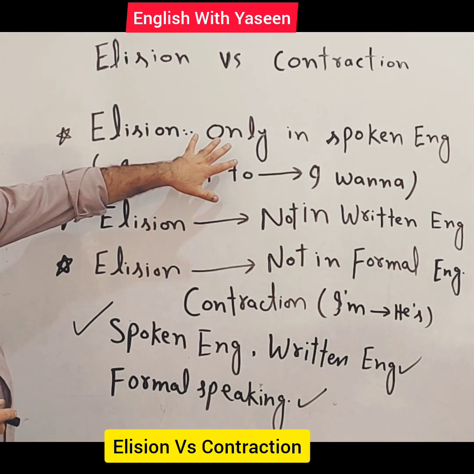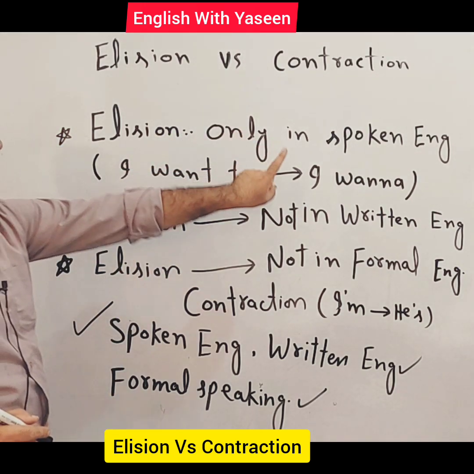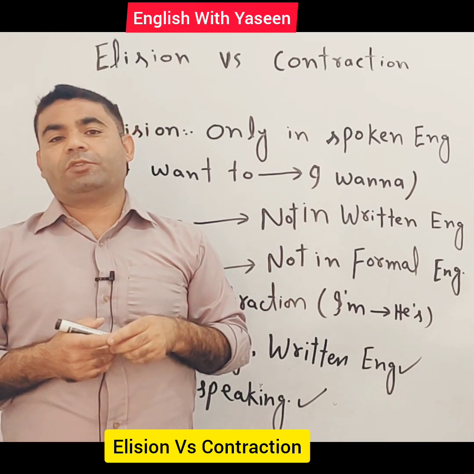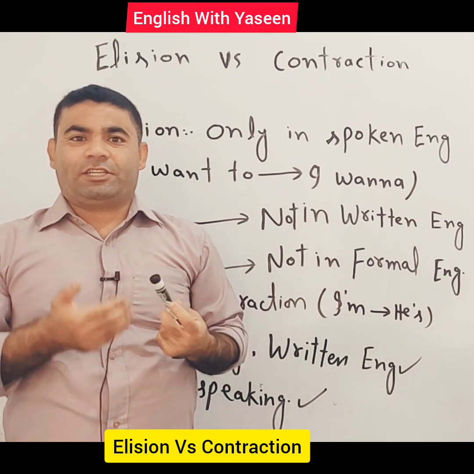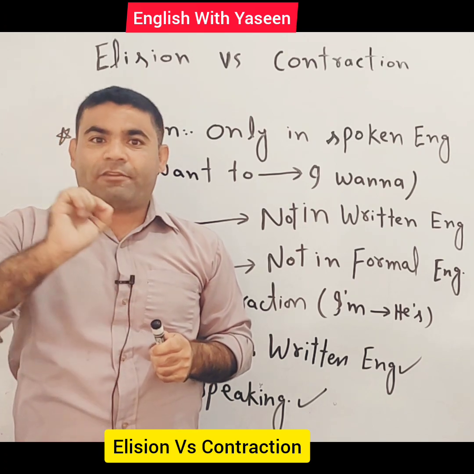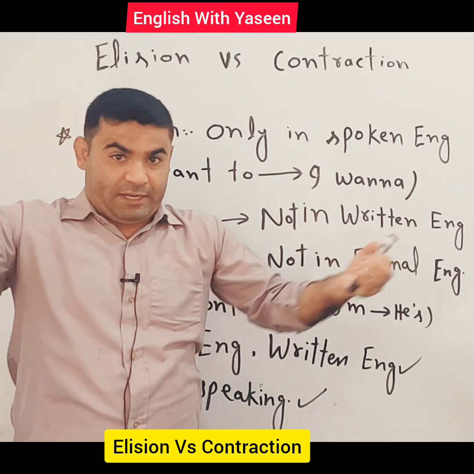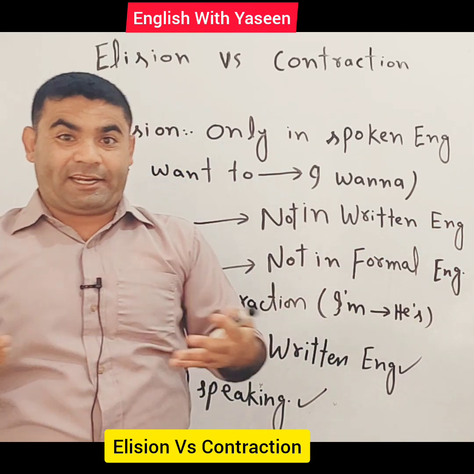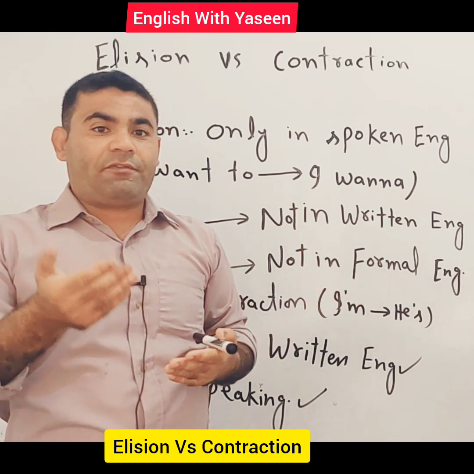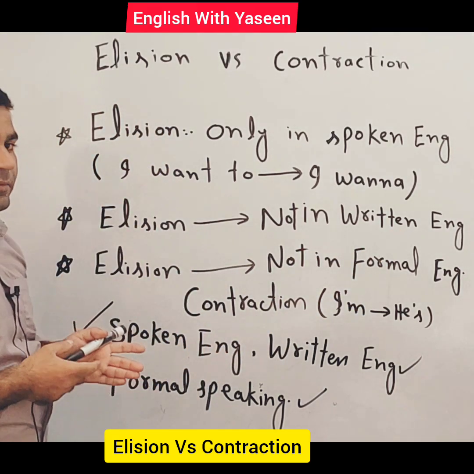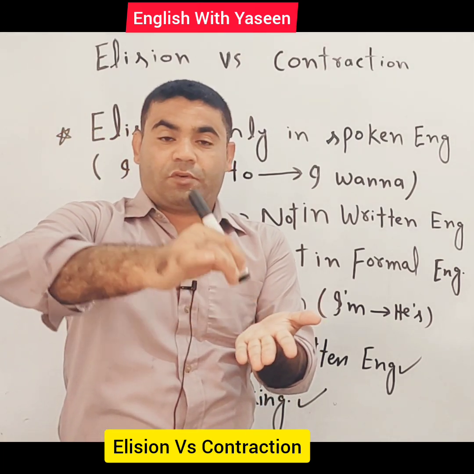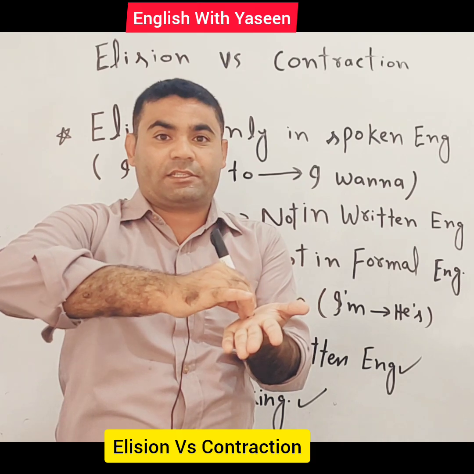Elision can only be in spoken English. Elision only belongs to spoken English. You can practice elision in written English if you write elided forms in your papers or in any written document, but then that writing or that document will be considered wrong.